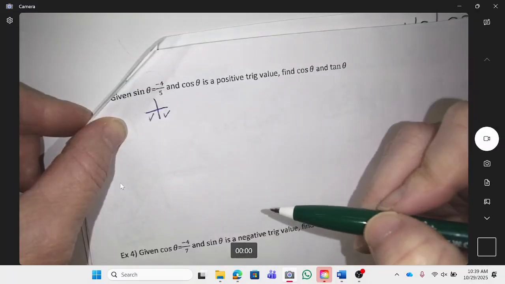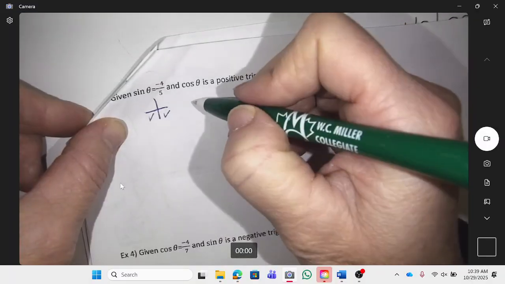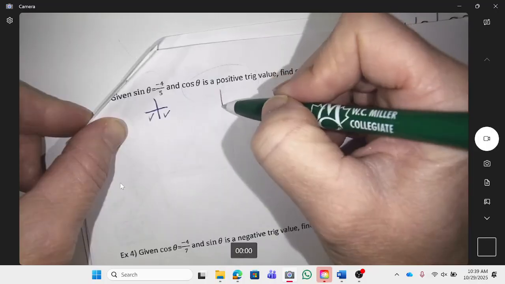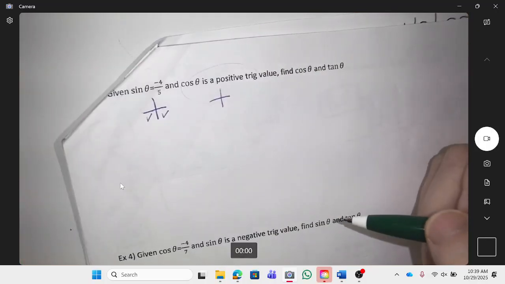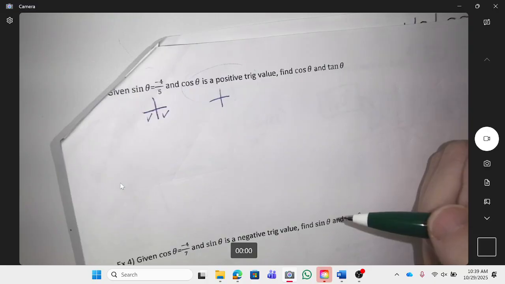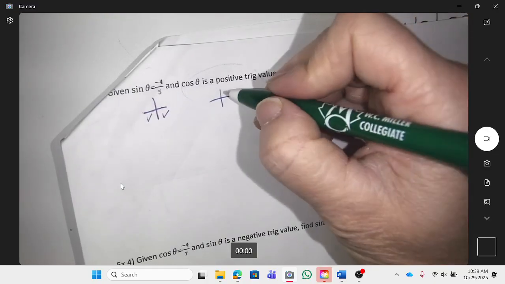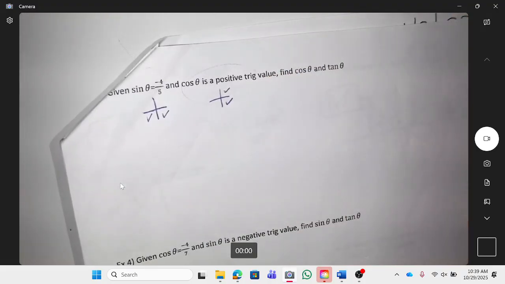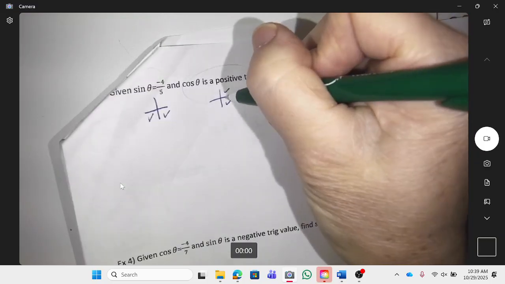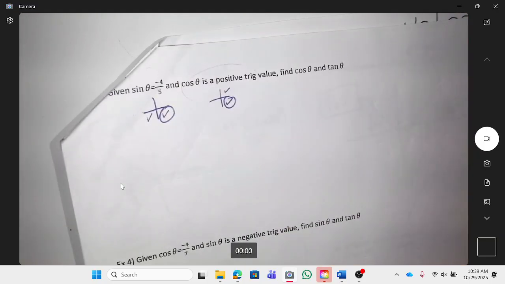Bottom, sine's negative. And then it's giving me another hint that cos is positive. So let's think about ASTC. I could be on the right. So, which quadrant now? I have to be in quadrant 4.